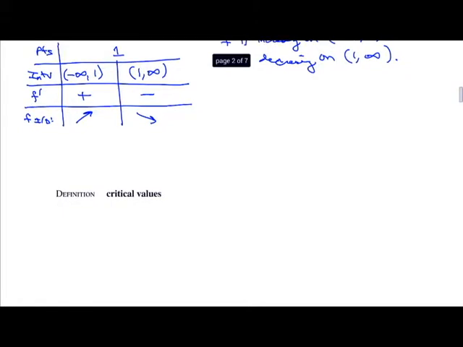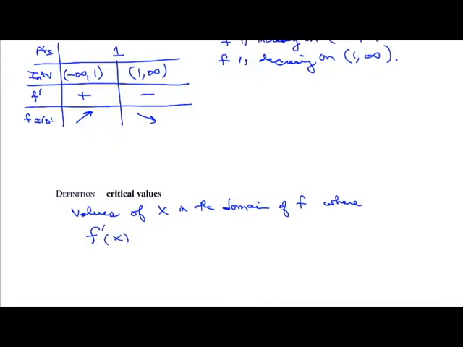So this would be values of x in the domain of f where either one of these two things happen. f prime of x is equal to 0, or f prime of x is undefined.